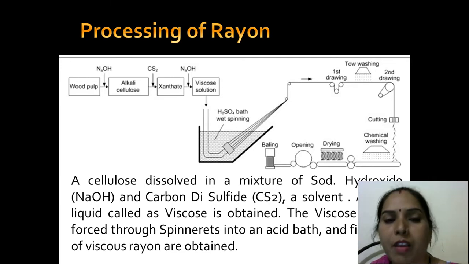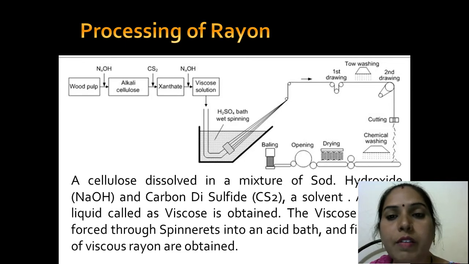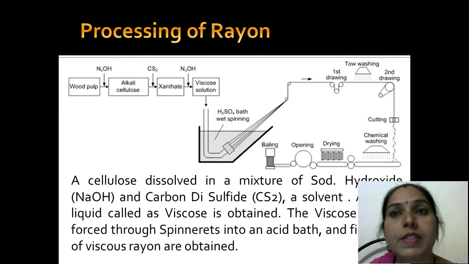You can see on your screen the processing of rayon in detail. It is a man-made fiber obtained by chemical treatment of wood pulp. Wood pulp is dissolved in sodium hydroxide solution to form a viscous liquid. Viscous means semi-liquid which cannot flow freely.